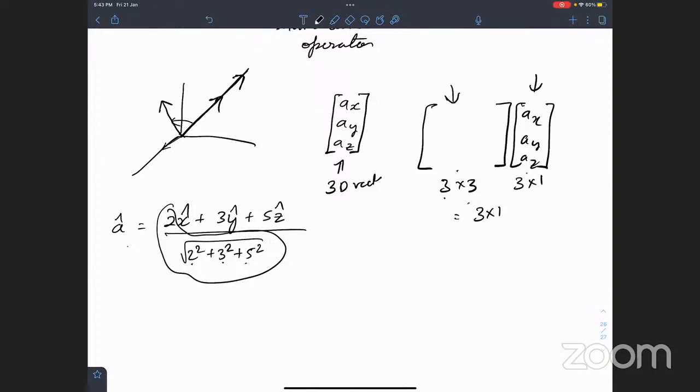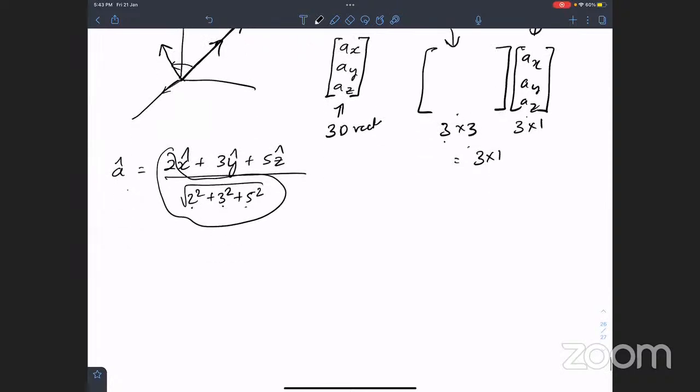Any doubt with that? Not really, right? A 3 by 3 matrix multiplies a 3 by 1 vector, gives me a 3 by 1 vector. There are some special vectors for any given matrix A. The matrix is not special; any matrix has some special vectors.